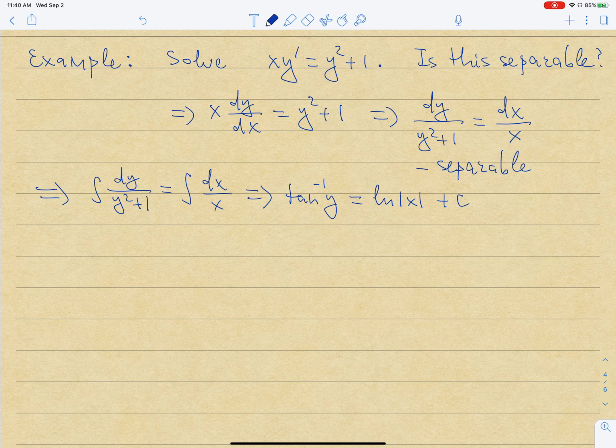So that would be our one parameter family of implicit solutions.